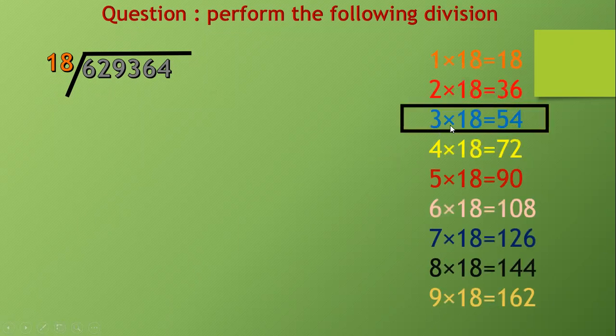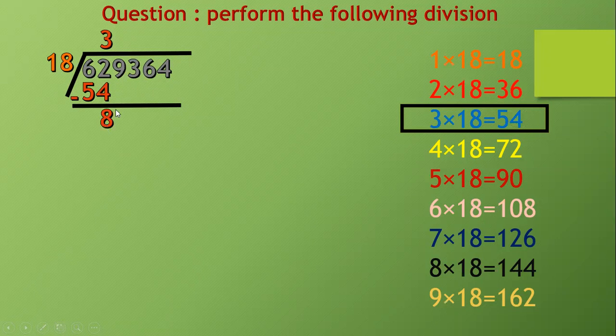Yes, 3 multiplied by 18 is equal to 54, and 54 is nearest to 62. So we will write 3 in quotient, and we will place 54 here. And in next step, we will subtract 54 from 62 and the answer will be 8.